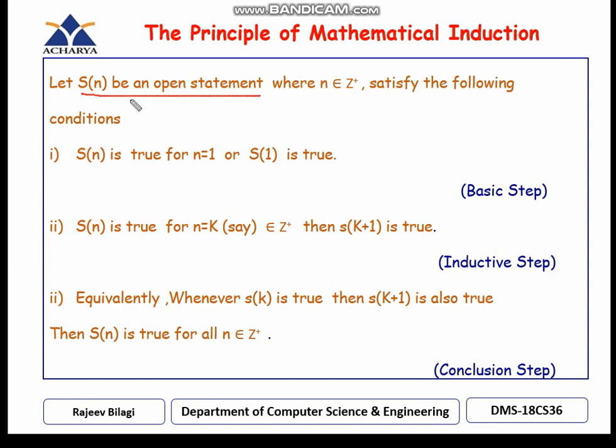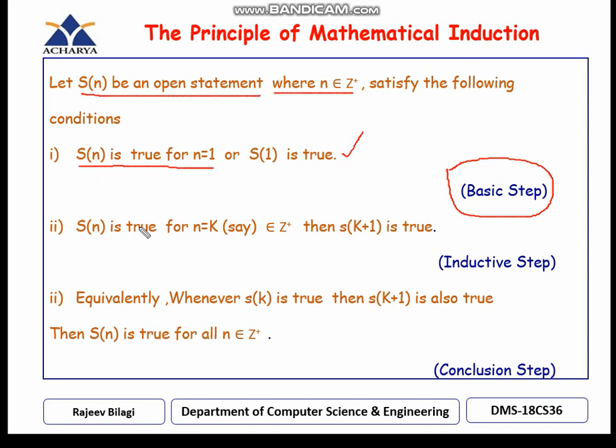So let S of n be an open statement where n belongs to Z plus. This should satisfy the following three conditions. First one, S of n should be true for n is equal to 1. This is called the basic step.